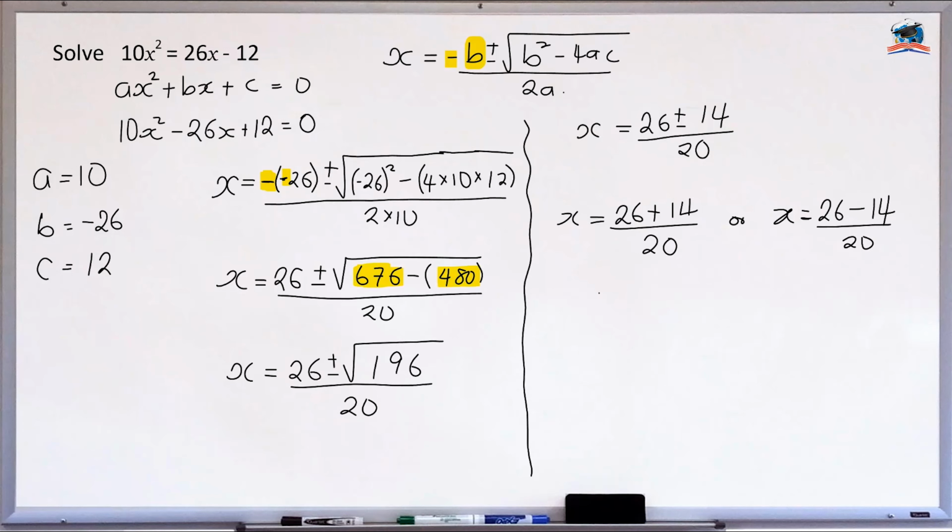The first one, 26 plus 14, gives us 40, so x is equal to 40 over 20. The other one gives us 26 minus 14, which is 12, so we have 12 all over 20.